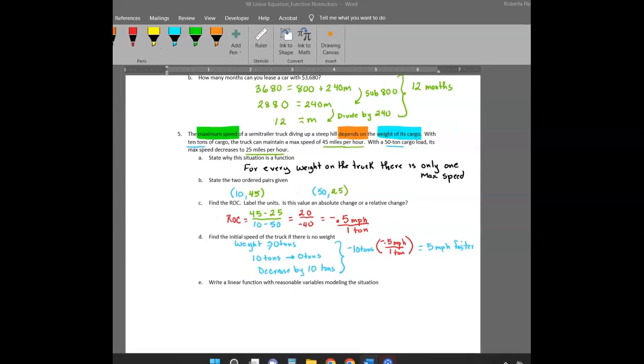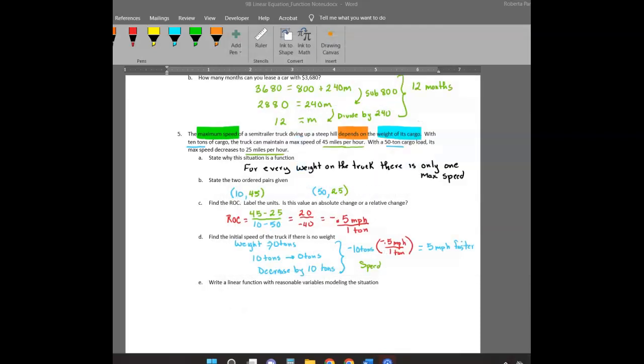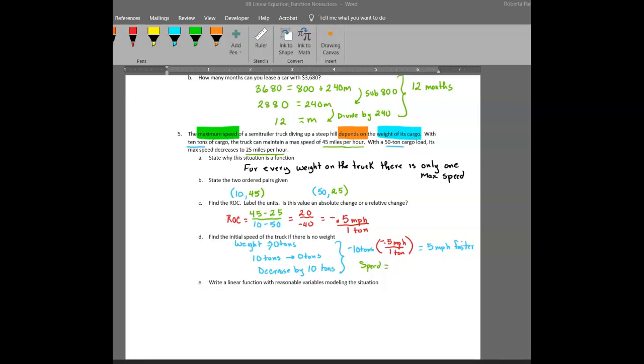All right, so what is our initial speed? If it was going 45 miles per hour, then if we take off those 10 tons, our speed is going to be 5 miles per hour faster. So instead of 45 miles per hour, our speed is going to be 50 miles per hour.